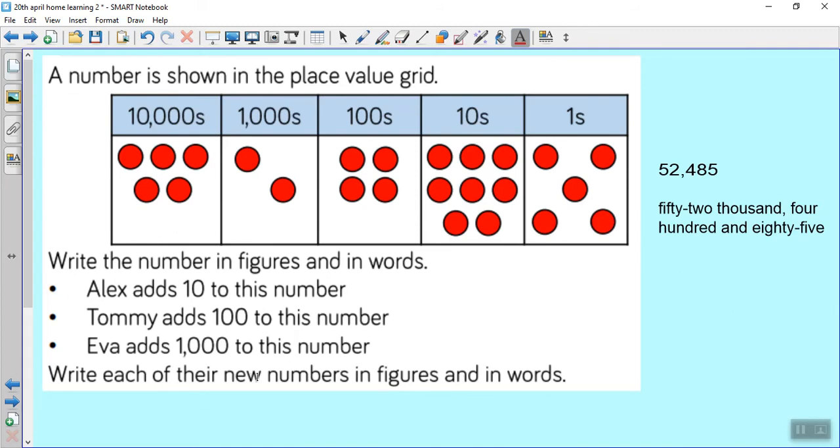Alex adds 10 to this number. He's got to write the new number in figures and in words. So 10 more than this, 10 more than the 8 tens would be 9 tens.